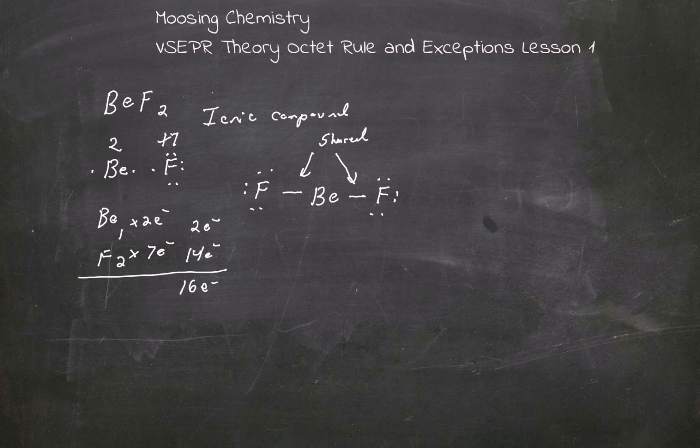Okay? Barium fluoride is technically a covalent structure. I know it looks ionic, but in this case, it's not. And these are extremely rare, but I wanted to give to you this other exception.